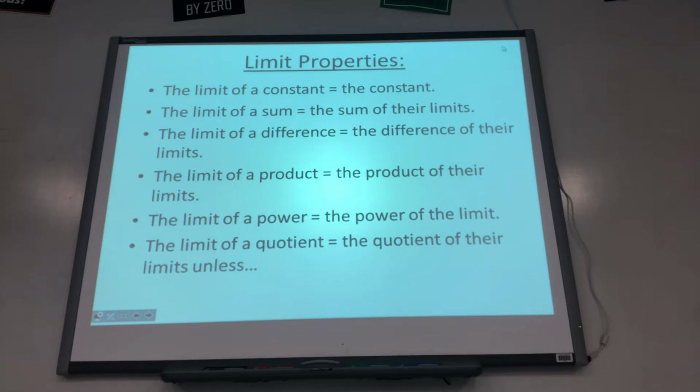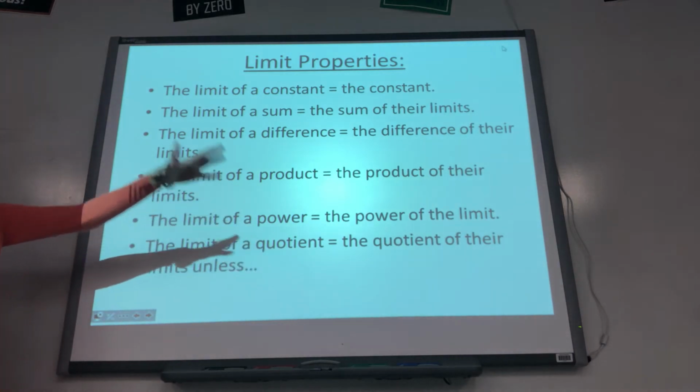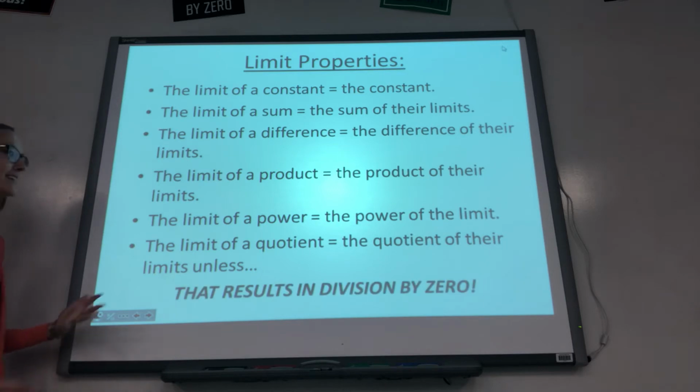Now, finally, the quotient. This is the last property here. The limit of a quotient equals the quotient of their limits unless... What do we always have to worry about in math when we talk about division? Yeah, dividing by 0.